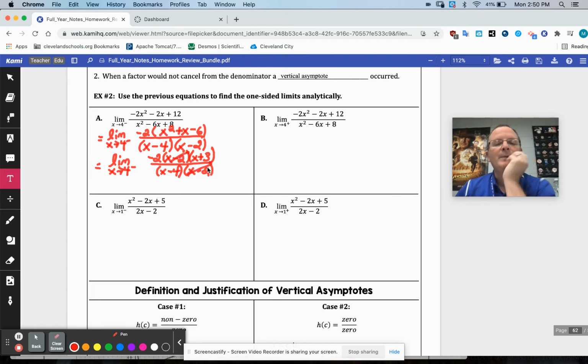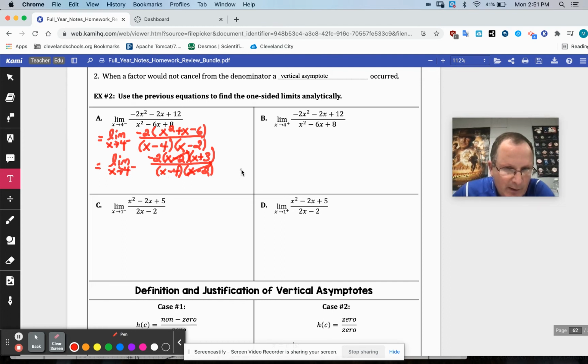Here's the deal. We already looked at the graph, but if I'm approaching 4 from the left, then substituting something like 3.999 is going to cause this to be negative.